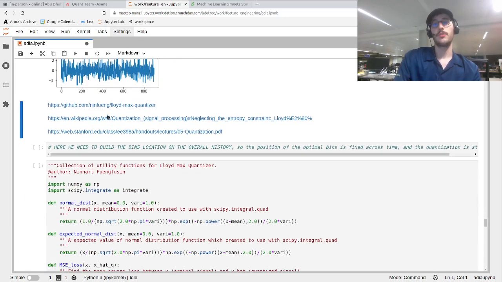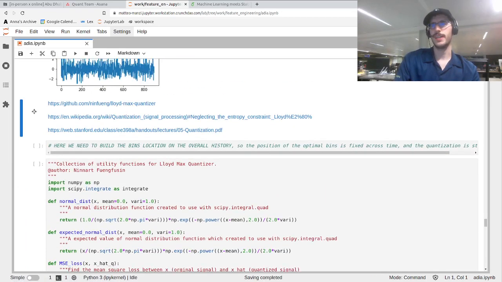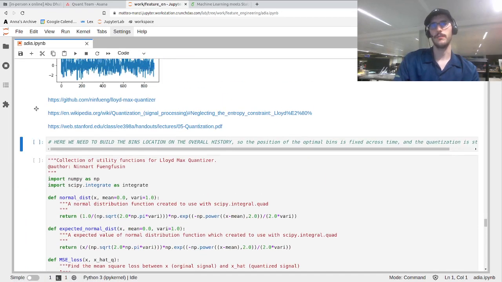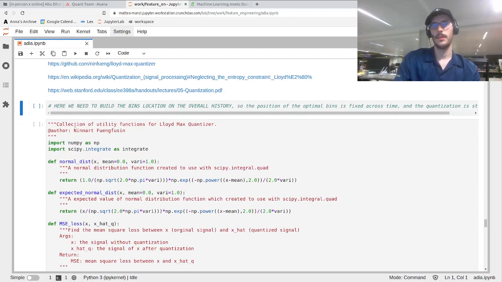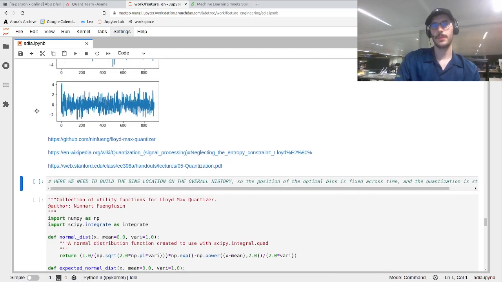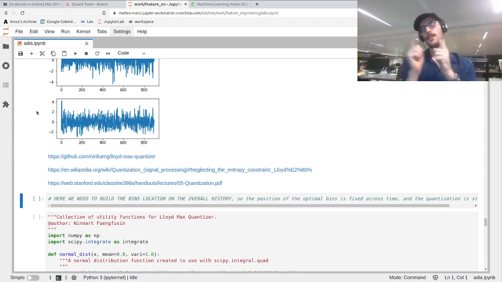So the natural choice of quantization is this Lloyd-Max quantizer, which is kind of like a k-means clustering technique for Gaussian processes. And it's optimizing for the location of the centroids such that they explain variance once again.